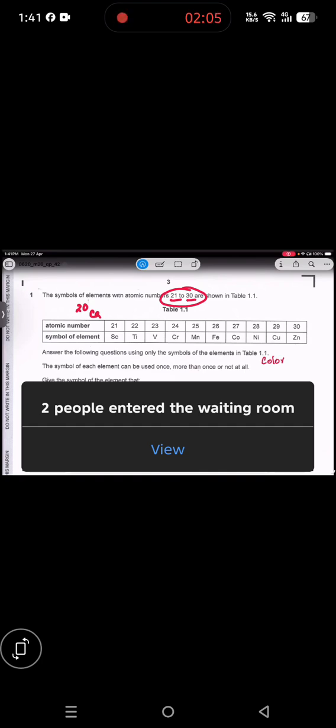They have high melting and boiling points. Also the density is very high. So these are the few properties which you have to memorize for the transition elements. Got it?